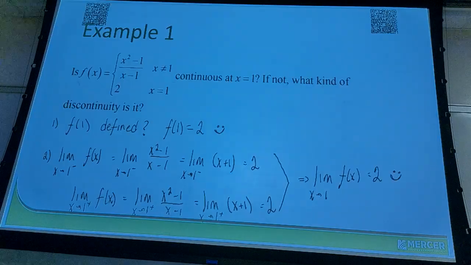The limit is 2, which means the limit exists. But that equals f of 1.